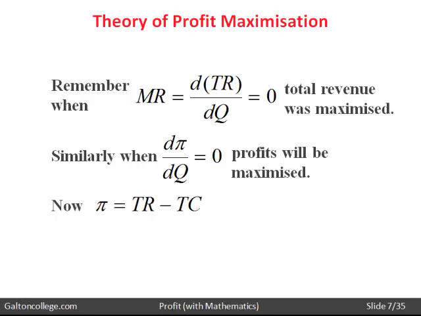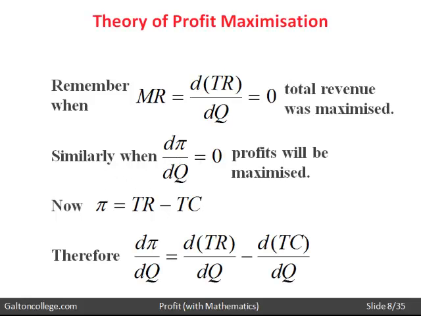But what we do know is that profit is equal to total revenue minus total cost. So if we now use this expression here and differentiate all the way across, in other words, change the output by a very small amount, we change the total revenue by a small amount, change quantity by a small amount, change total cost by a small amount, change the quantity by a small amount.